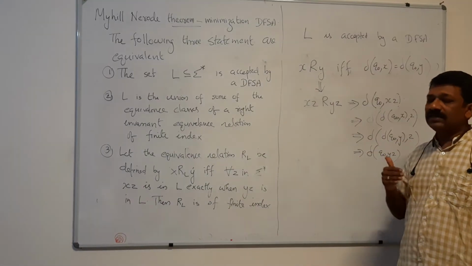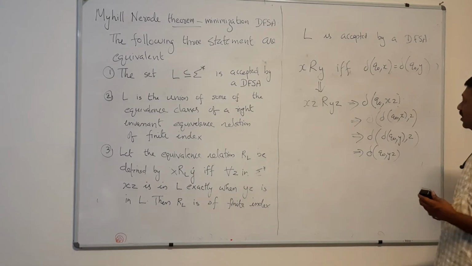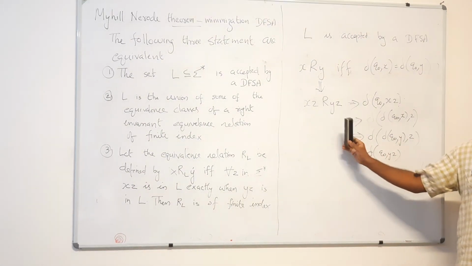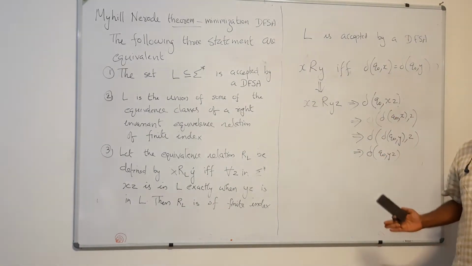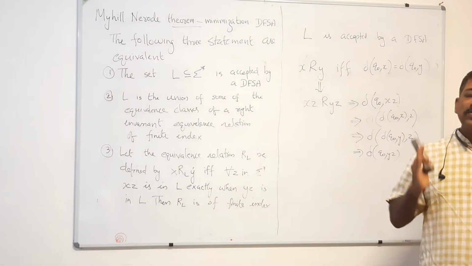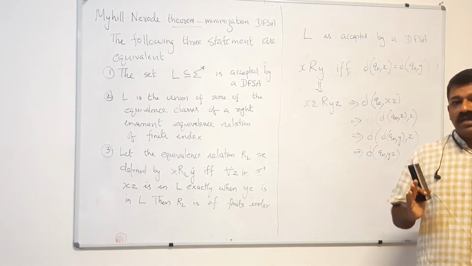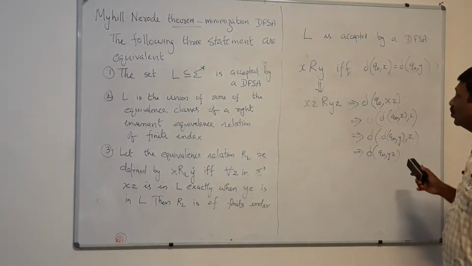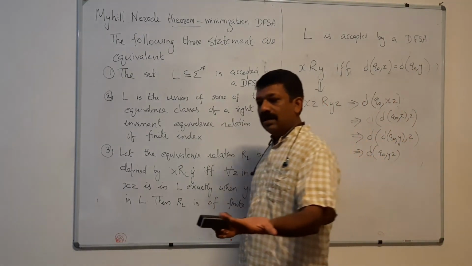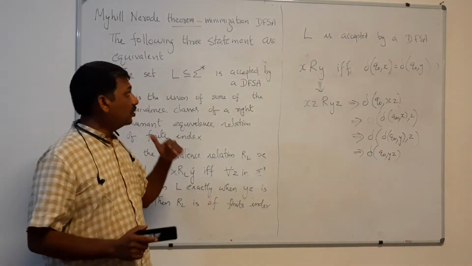Suppose that you have one accepting state. Then L is having only a single equivalence class. If it is having two final states, then L is represented by two equivalence classes.